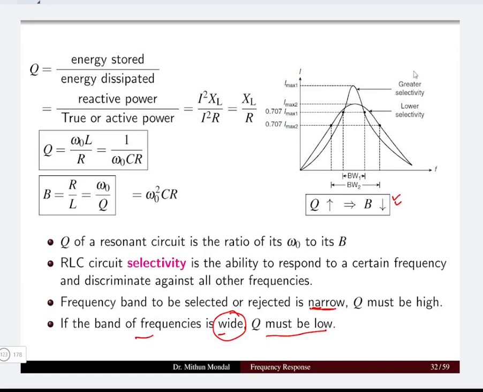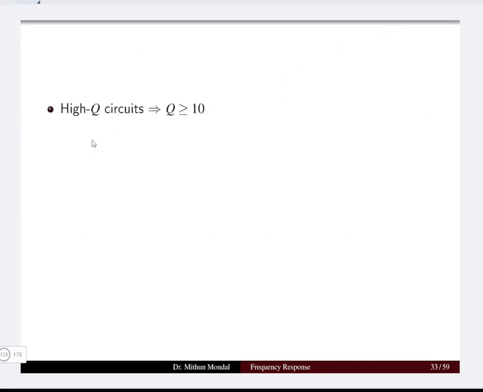For the greater selectivity network, the bandwidth is narrow, and for the lower selectivity network, the bandwidth is wide. So the quality factor must be high under the narrow condition and low under the wide condition. Generally in communication networks, we use high Q circuits, meaning high quality factor circuits, where Q is greater than or equal to 10.